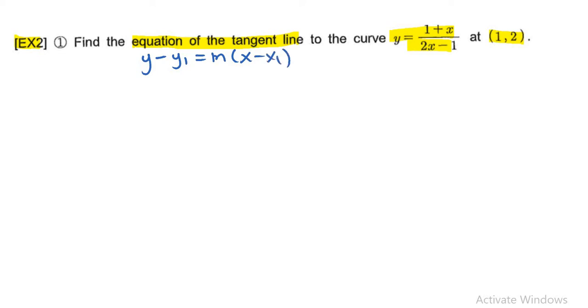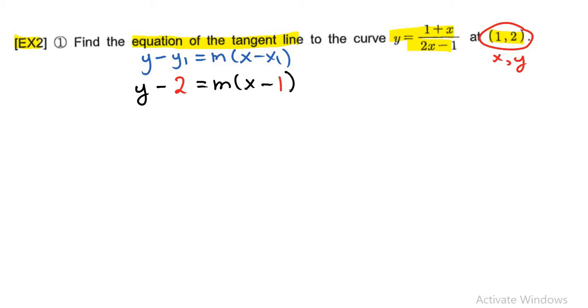If I continue reading the problem, I'm given the x and y coordinates, so I can plug those values into the tangent line right away. So now I have y minus 2 equals m times x minus 1.